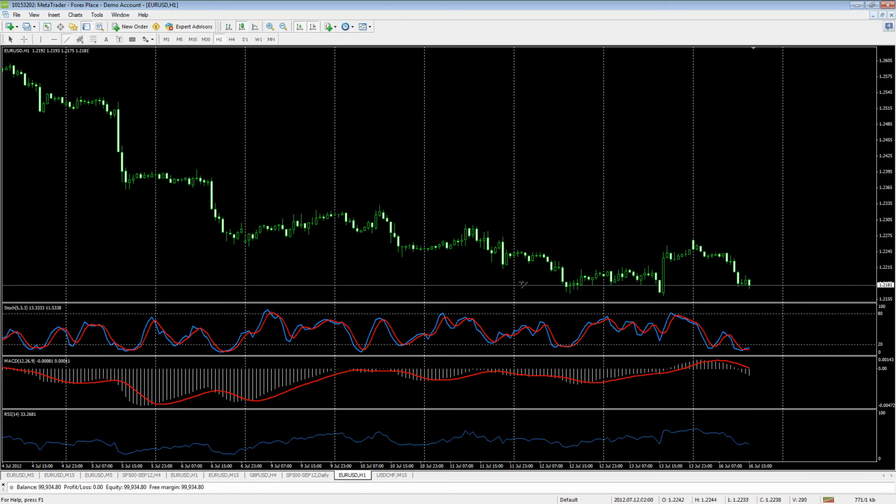So you can see here we have one lower low, and then we have the double bottom here. Okay, and on the stochastic we can see here already the divergence.